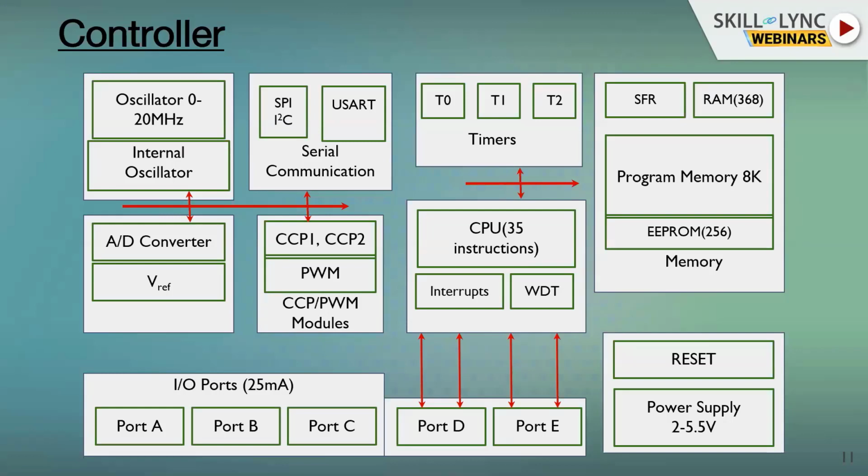Then you also have on the left hand side, you will see that there's a red colored bus, which is essentially the data bus, which is connecting the CPU with these peripherals. On the peripheral side, you will see that there are A to D converters and capture compare modules, pulse width modulation modules, and serial communication modules, and things like that.